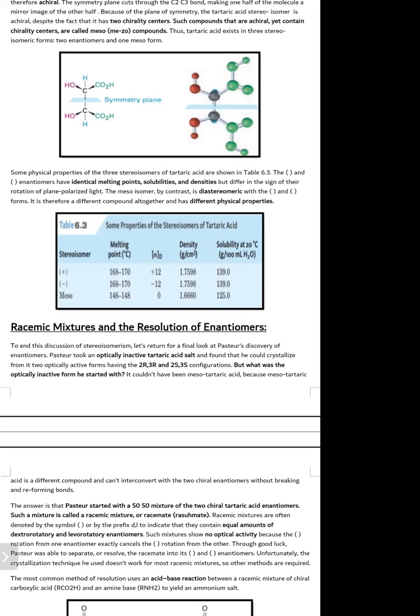In negative form, the melting point is 168 to 170, the specific rotation is minus 12, the density is 1.7598, and the solubility is 139.0. But in the case of the meso compound, the melting point is 146 to 148, its specific rotation is 0, the density is 1.6660, and the solubility of the meso compound is 125.0.